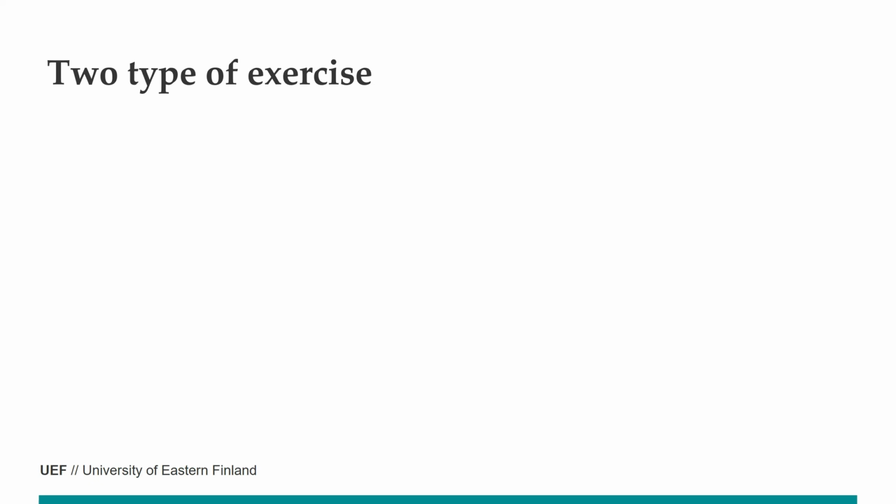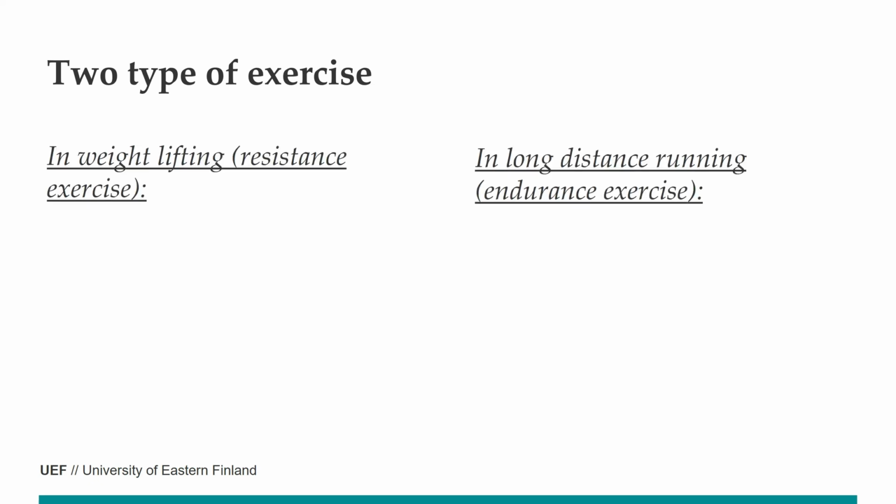And for that reason, we have two different kinds of exercise, which affect whether the cells grow or not. We have weightlifting, when we need as much power from the skeletal muscle as possible at once. So it's resistance exercise, especially when done with heavy loads.